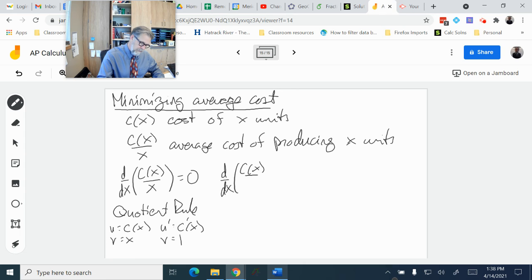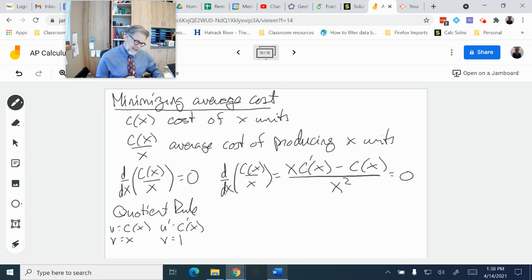Which means that the derivative of average cost is V dU, X C prime of X, minus U dV, 1 times C of X, divided by V squared, and I want that to be equal to 0. Well, in order for that to be equal to 0, then X C prime of X minus C of X must equal 0.